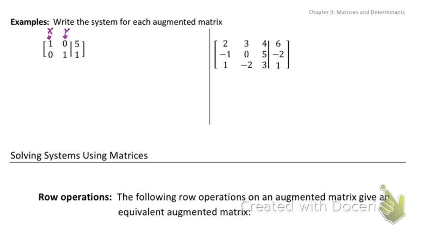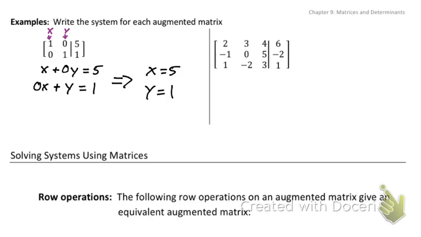So our first one is we have 1x, so we'd have x plus 0y's equals 5. The other equation would be 0x plus 1y equals 1, but you'd most likely rewrite that as just x equals 5 and y equals 1.